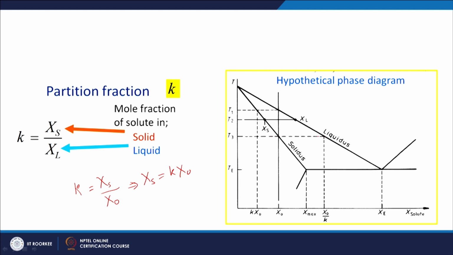At XS I will put X naught, and this will be XL. So XL will go here, K will come here, so it will be X naught by K. The last droplet of liquid which is going to be there in the system will have a composition of X naught by K. So that is what I will represent here.